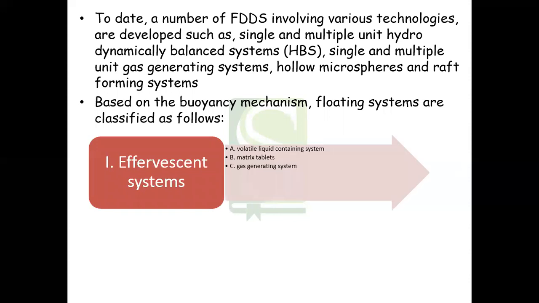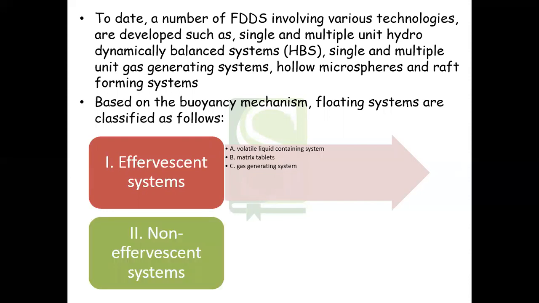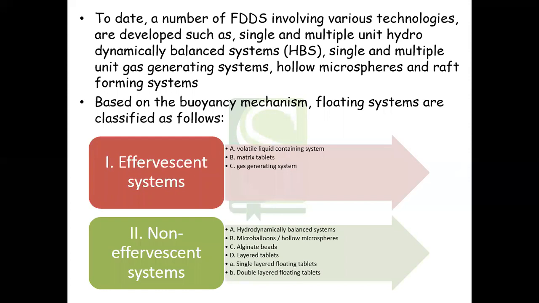It includes the volatile liquid containing system, then matrix tablets, and gas generating systems. The next class is non-effervescent systems. It includes hydrodynamically balanced system, microballoons or hollow microspheres, alginate beads, and lead tablets, which might be single lead floating tablets or double lead floating tablets.